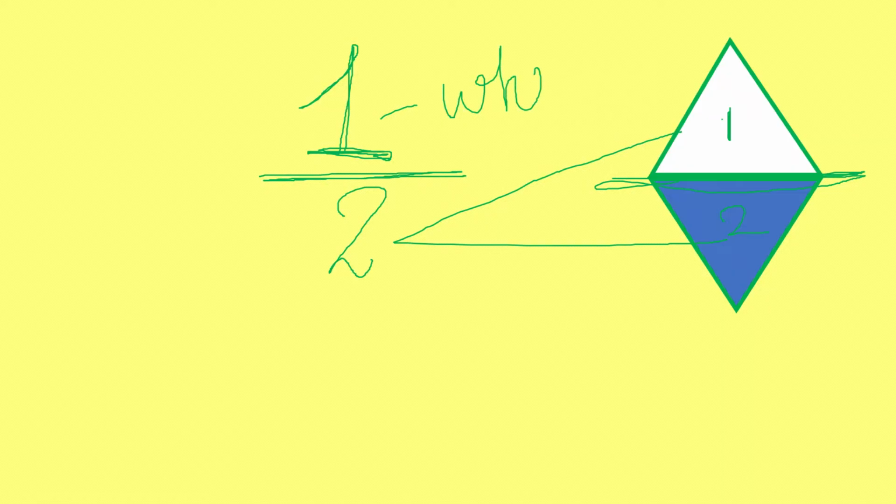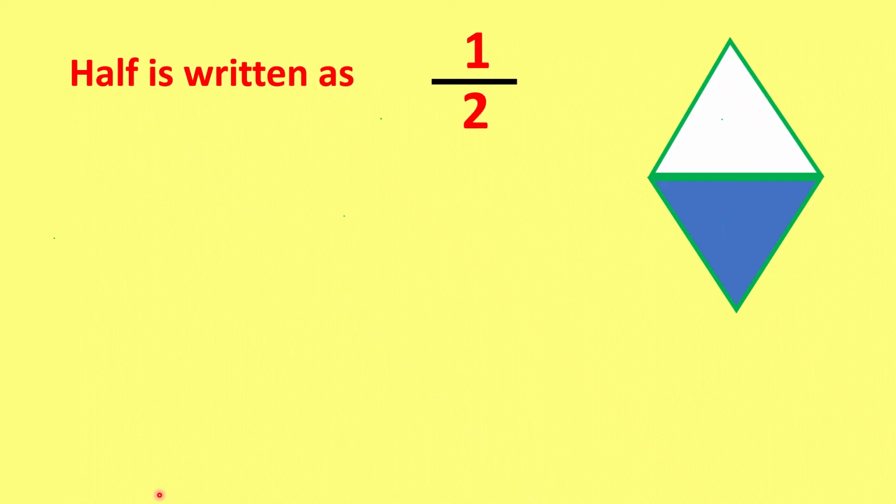Whole is spelled W H O L E, and the second number represents the parts, P A R T S, parts. Hopefully you understand, and this makes the concept clearer. Now look here, a half is written like this: a 1, then the upon symbol, and after that a 2.